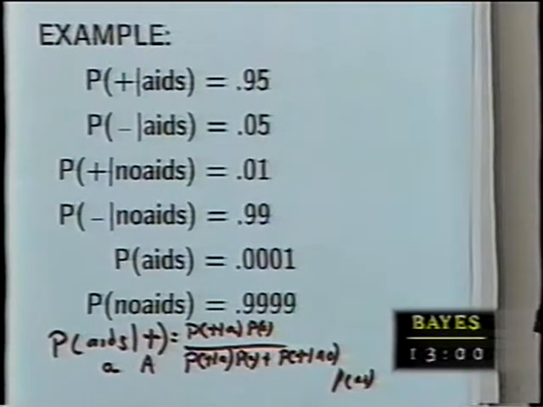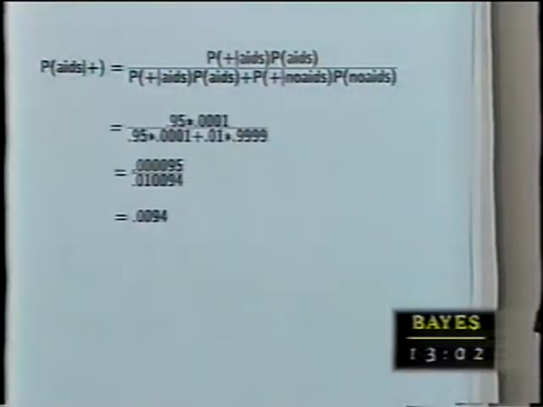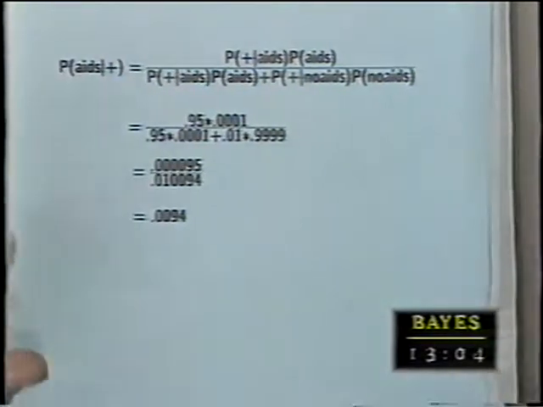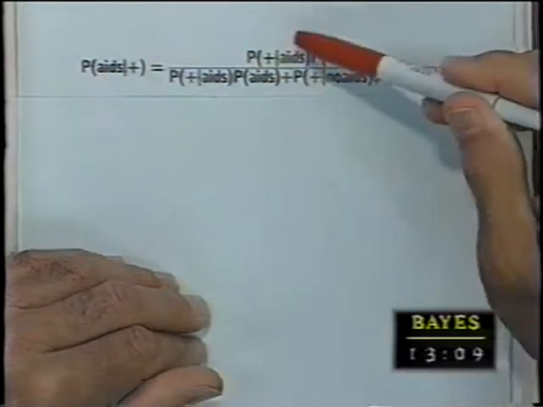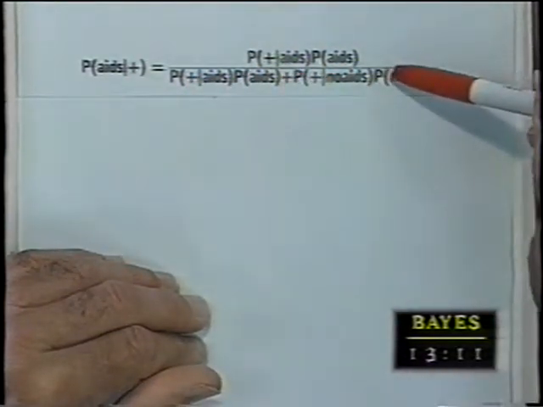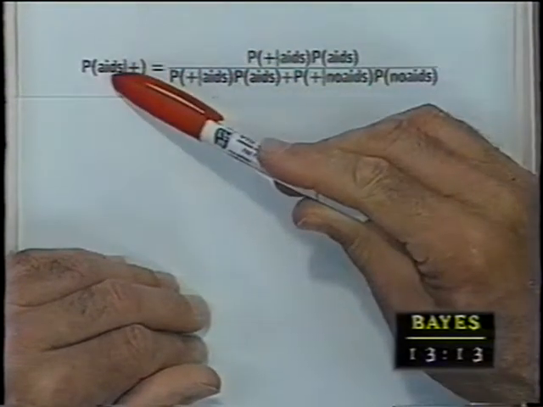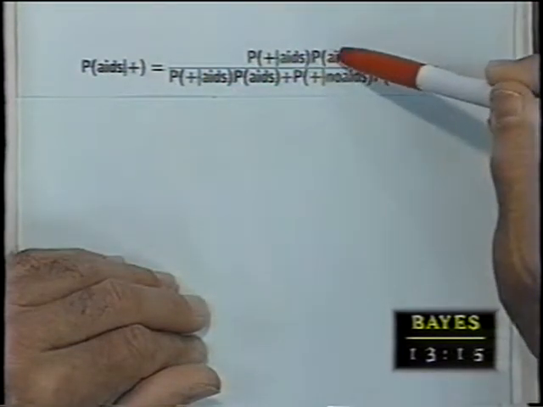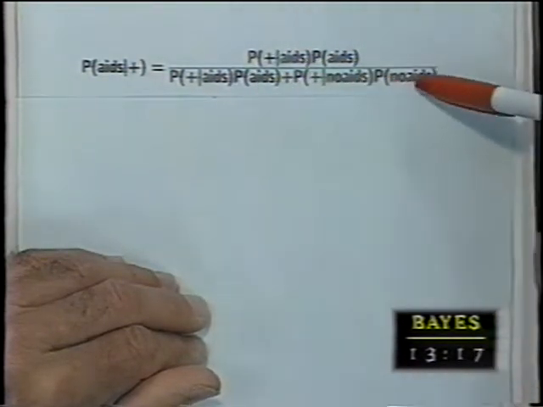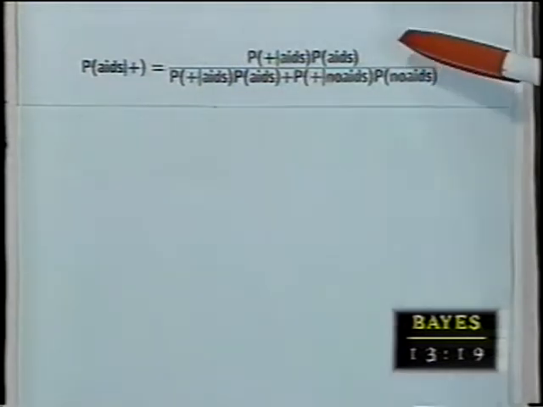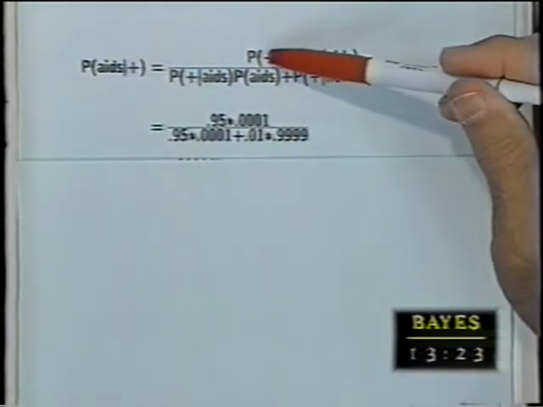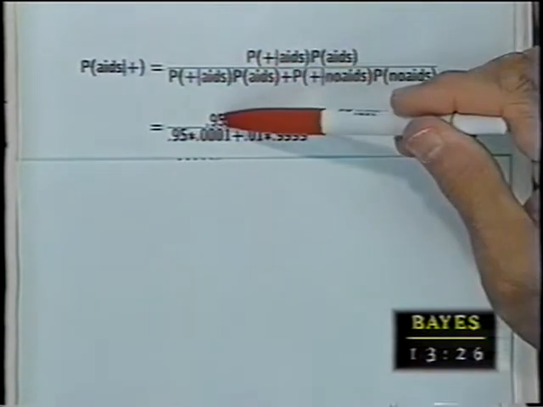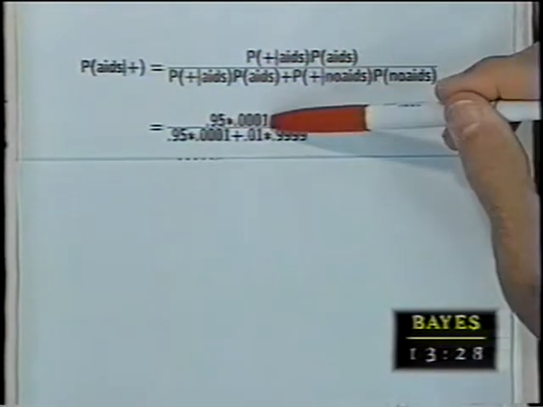So that's very simple. That's what the formula breaks down to. And let's actually do the calculation. Here it is again. The only capital A, the plus, there's only plus, there's no minuses. AIDS is the little one and it's on the top. But on the bottom you have AIDS and no AIDS. Now if we plug in the numbers, the probability of having a plus test given you have AIDS is 95%. The probability of having AIDS is 1 in 10,000.